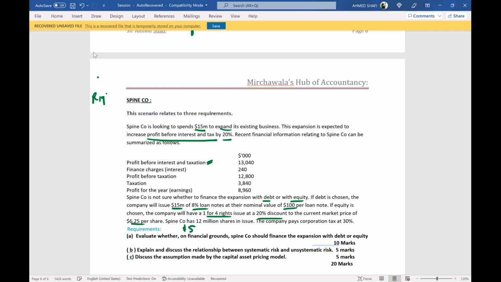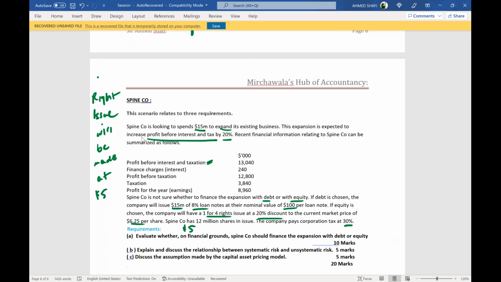So the rights issue will be made at $5 because it's a 20% discount to the current share price of 6.25. That means at 5. Spine has 12 million shares. Tax rate is 30%. Evaluate on financial grounds whether Spine should finance the expansion with debt or equity.